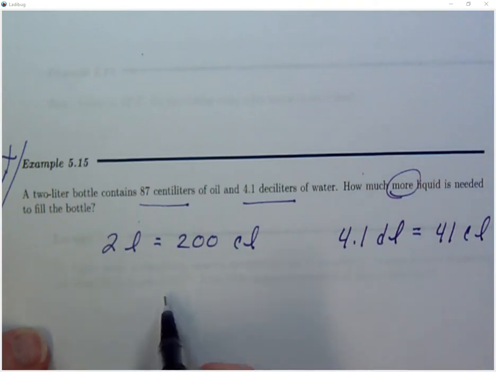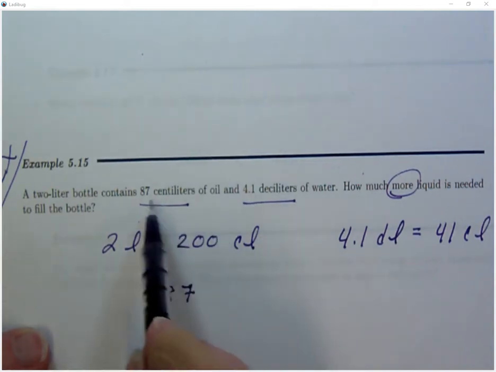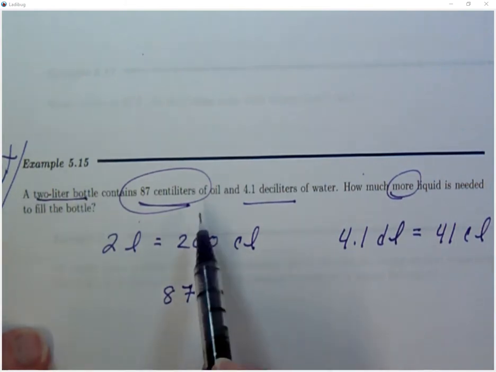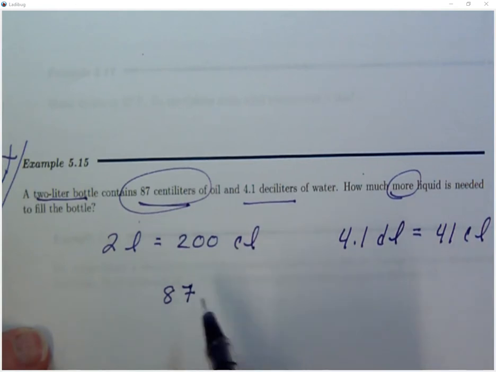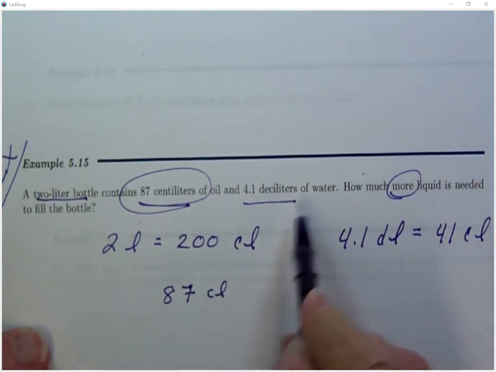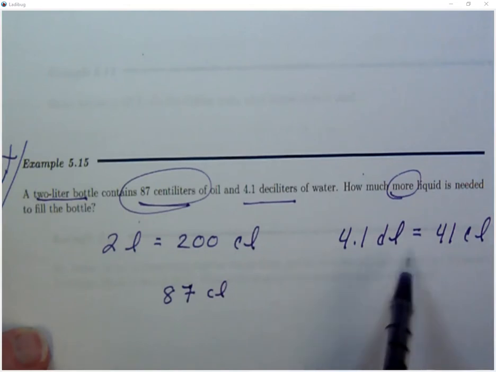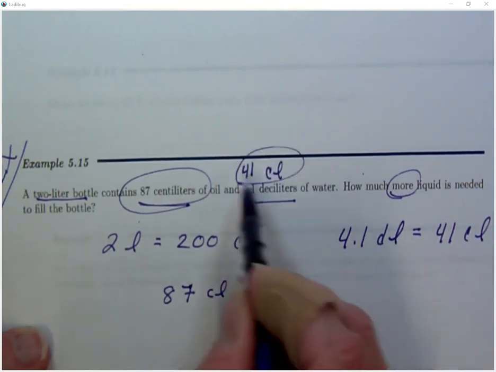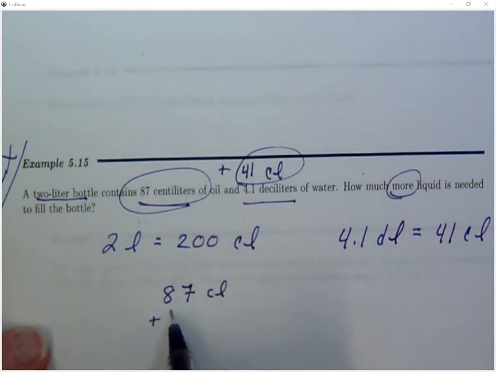So then I have 87 is my centiliters that I started with here. My bottle is 200, right? So I know I have 87 centiliters, that was already set, plus the 41, now they're centiliters, so I'm going to write that here. I'm just going to add those together.